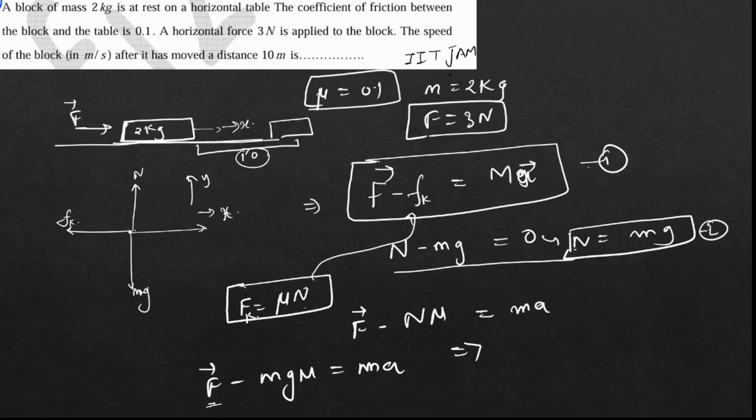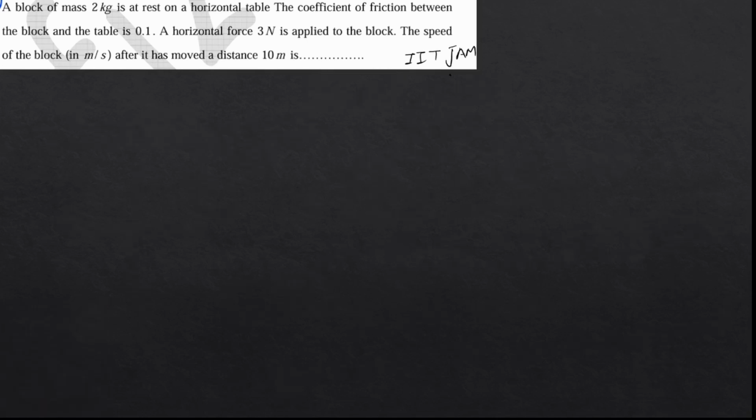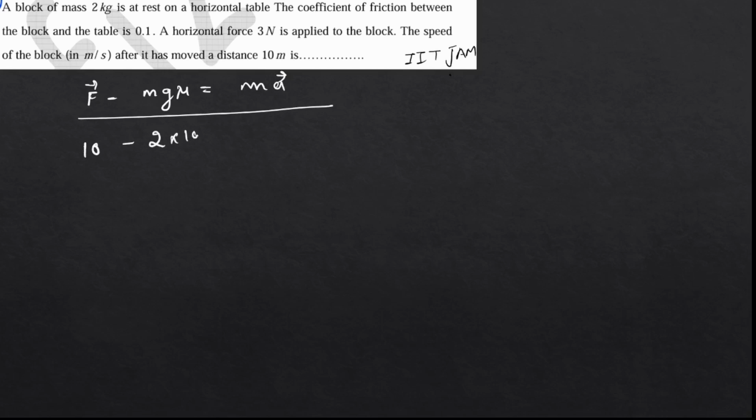Now put in all the values which have been given: 10 Newton of force minus 2 into g, let us take g as 10 for simplicity, times mu, is equal to mass times acceleration. So the external force minus mg times the frictional coefficient is equal to mass times acceleration.